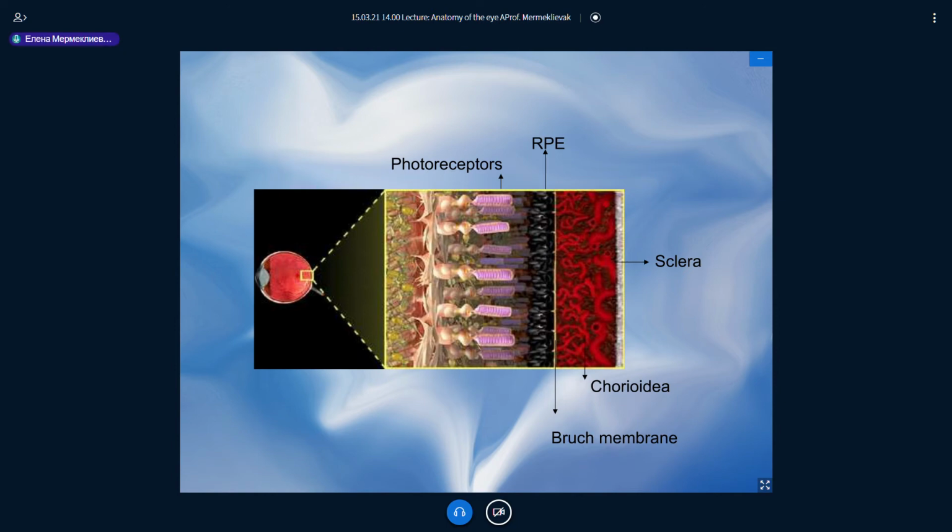And here we have the sclera, the large vessels, smaller vessels, and the smallest vessels of the choriocapillaries, and the Bruch membrane, which is attached to the retinal pigment epithelium layer of the retina.